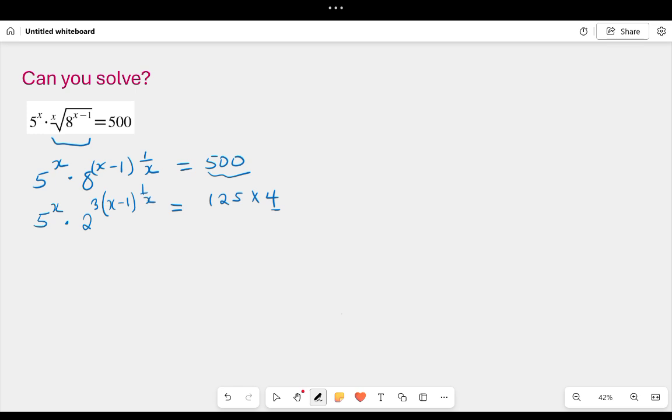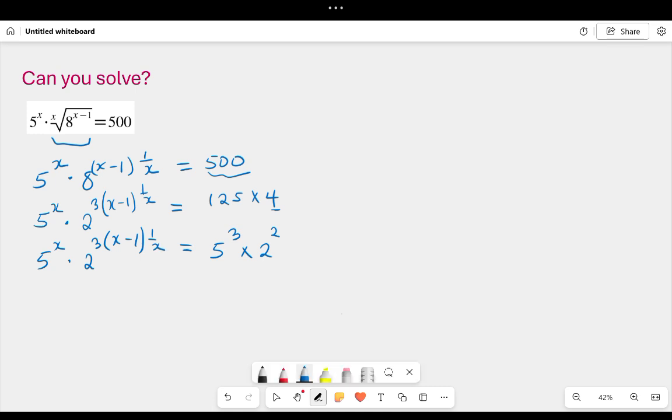All right, now 125, we write it as 5 cubed, times 4, we can write it as 2 squared. Now it should be equals to 5 to power x, multiplied by 2 to power 3 into brackets x minus 1, then 1 over x.